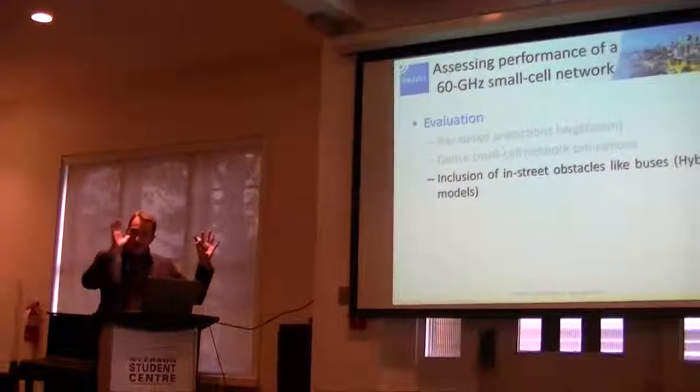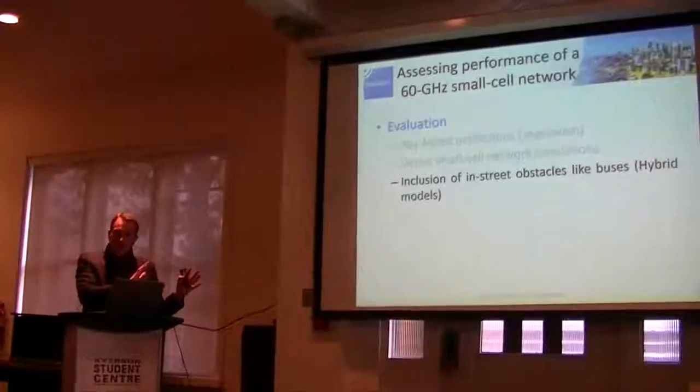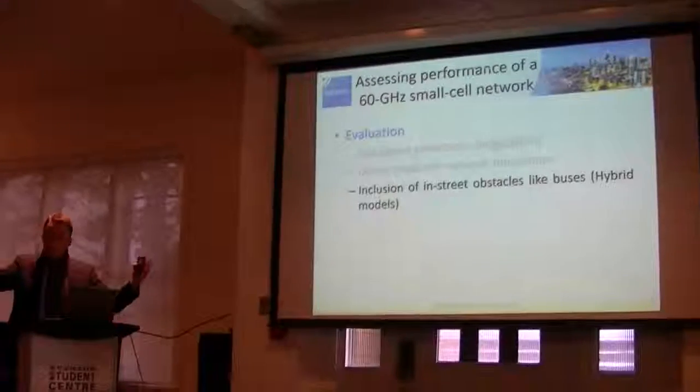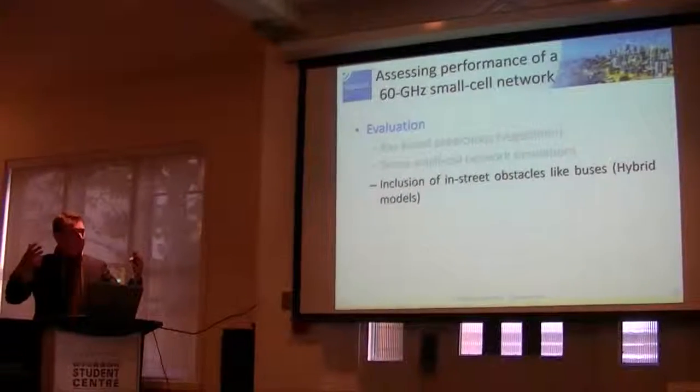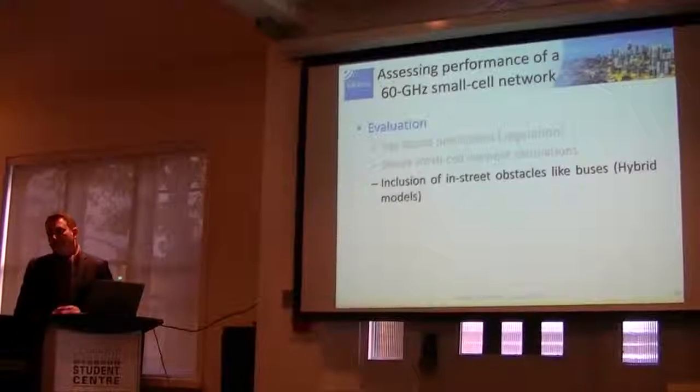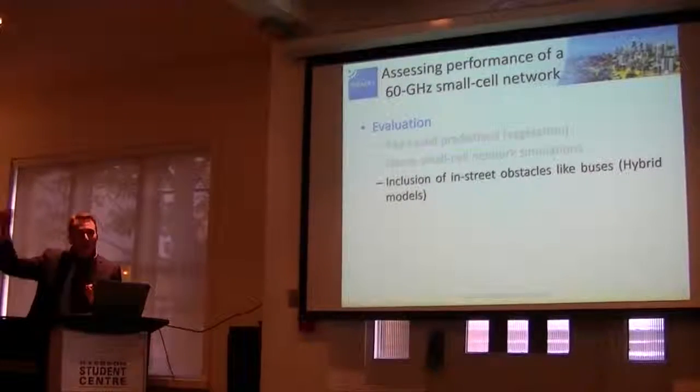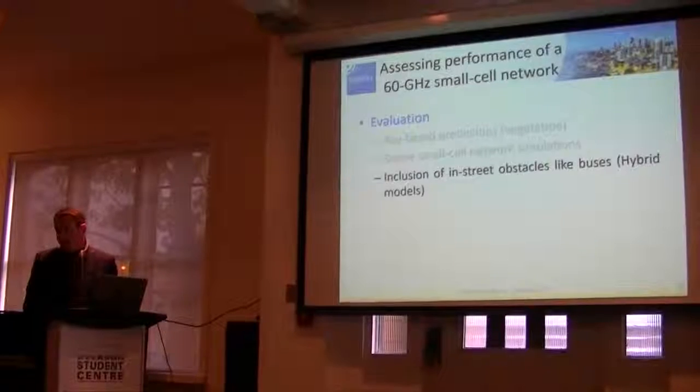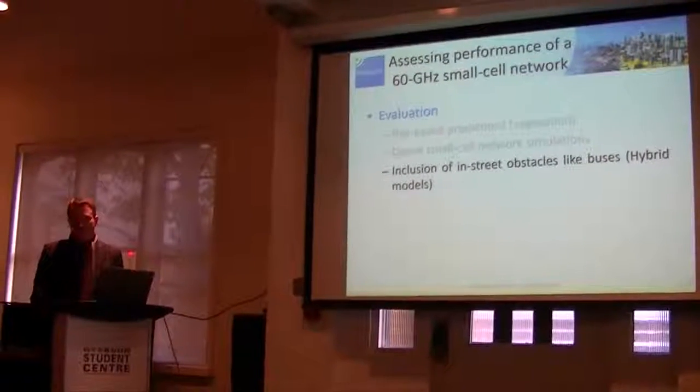So, modeling of the propagation using a small network to analyze the performance, and then Zahid is trying to apply everything, but including some objects in the scenes, in that case the buses.